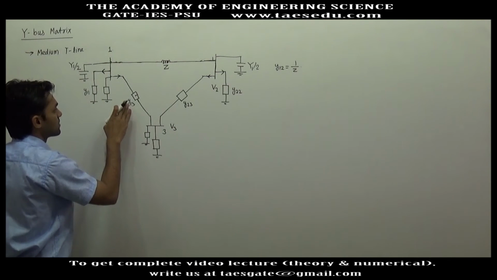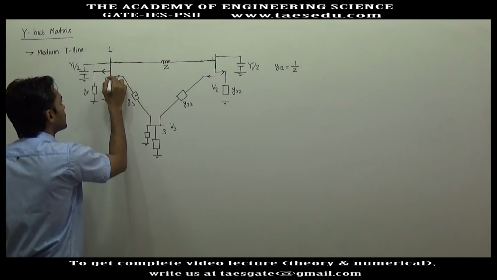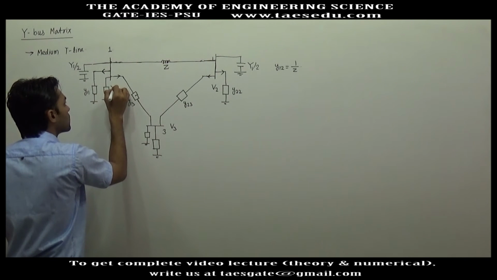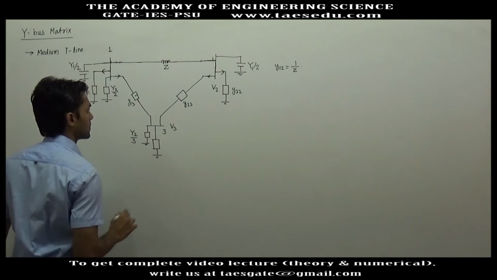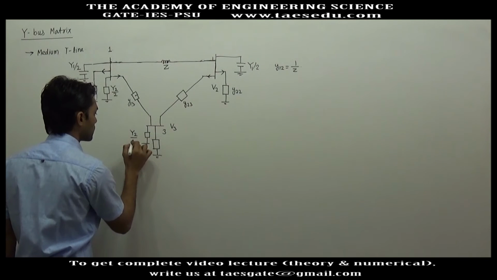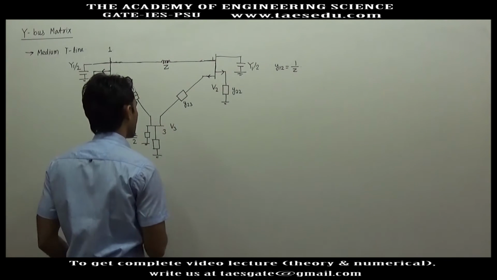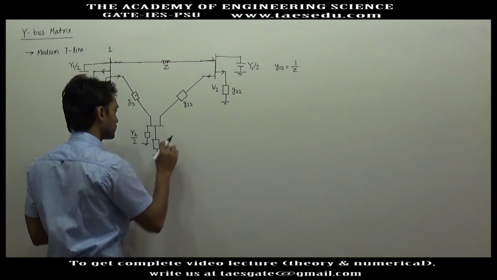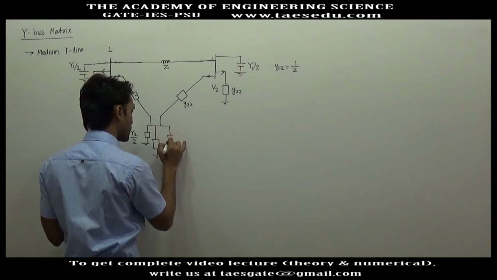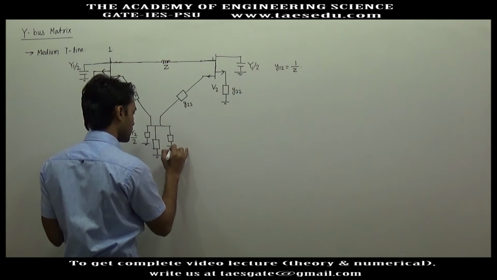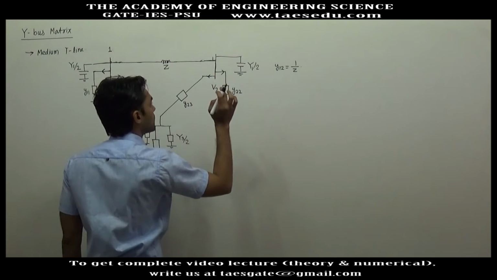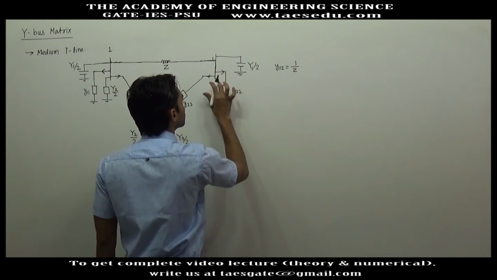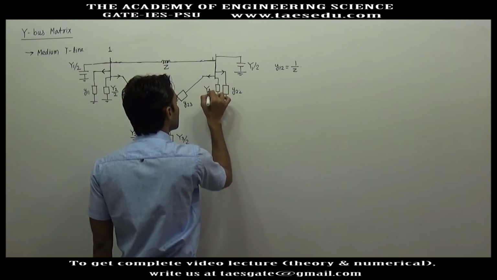And let us say this is the second transmission line. So this will be the shunt part of the second transmission line, and here also the shunt part of the second transmission line. And let's say this is the third transmission line. Here you will have half of the shunt part of the third transmission line, and on the other extreme end also Y3 by 2.